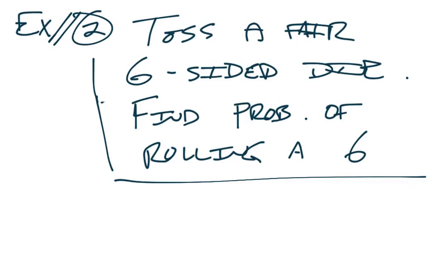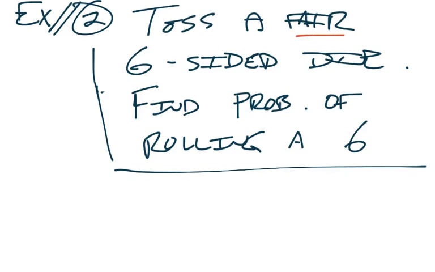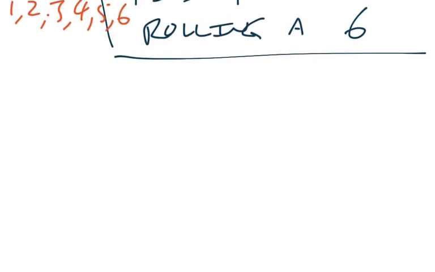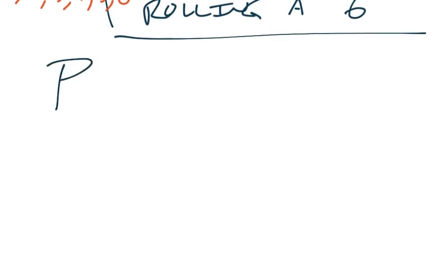Again, fair here means there are 6 outcomes, the numbers 1 through 6. So outcomes are the numbers 1, 2, 3, 4, 5, and 6. And fair means that they are all equally likely to occur. So, probability of a 6.